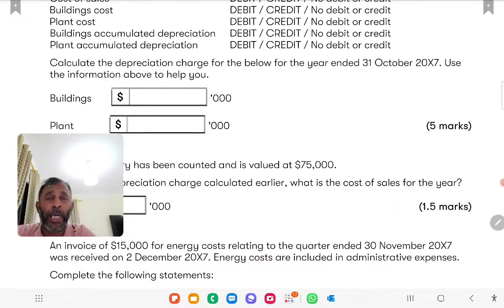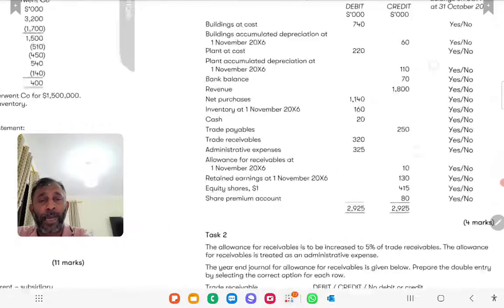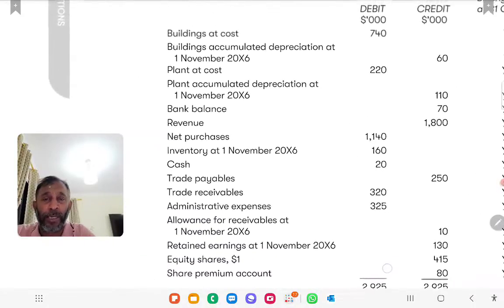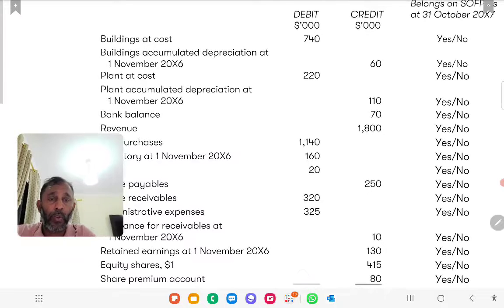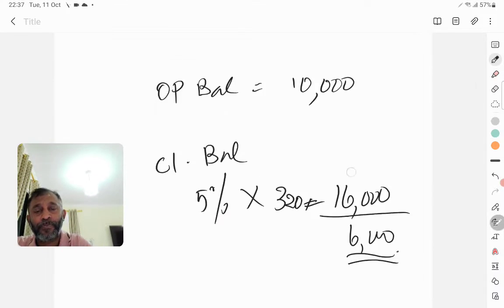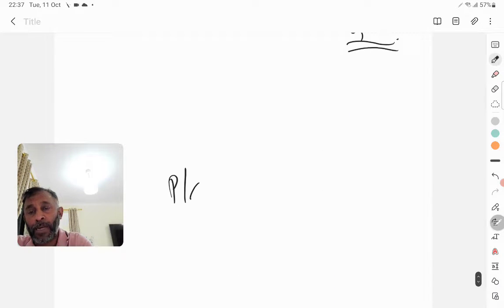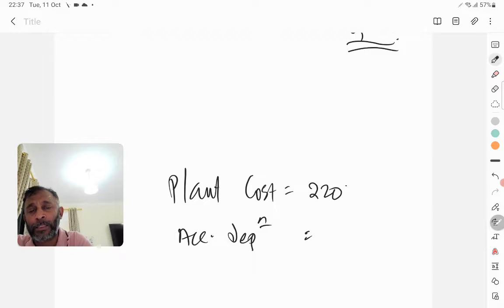Calculate the depreciation charge for the below for the year ended 31st October 2017. Use the information above to help you. So what we do is we go to the trial balance and look for the plant. Plant cost 220. We need to take the accumulated depreciation opening balance.